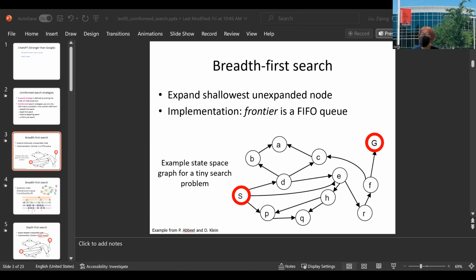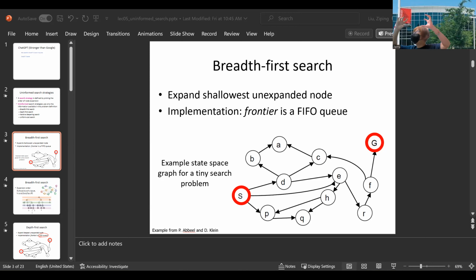So let's take a look at this example. The starting state is S, and G is the goal state. You want to find an optimal path that will lead you from the starting state to the goal state. For breadth first search, you put S first in the frontier queue.